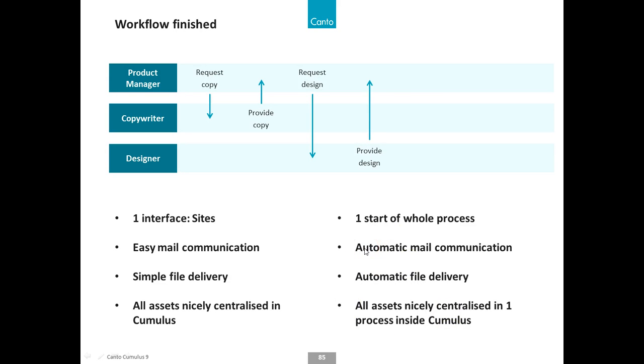The Workflow Manager backend takes care of that automatic mail communication. It takes care of the automatic file delivery. You don't have to put it in baskets. It does that for you. And it's all nicely centralized in one process, in one environment inside Cumulus. You don't have 17 collection baskets, just one.